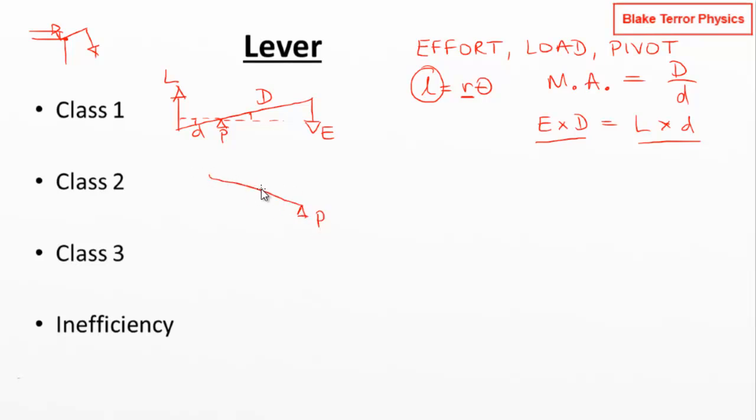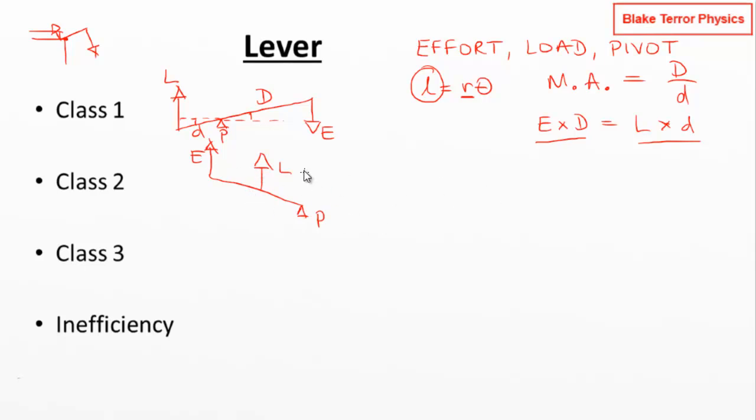We've got our bar, we've got the load in the middle, and we've got our effort at the other end. So in this case, we're not changing the direction of the force in the way that we were with a class 1 lever. So class 1, we're changing magnitude and direction. Whereas for class 2, we're changing magnitude, that's for sure, but we're not changing the direction.